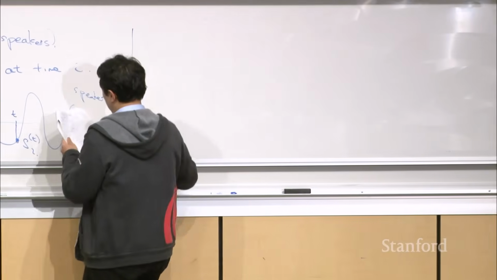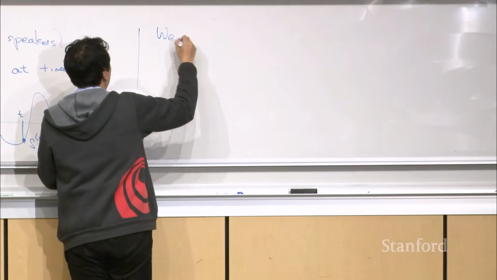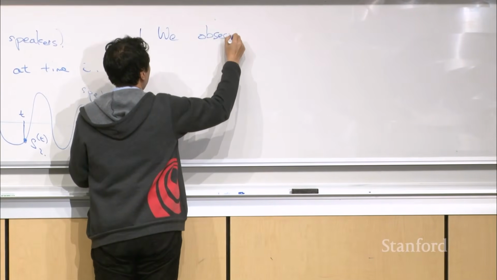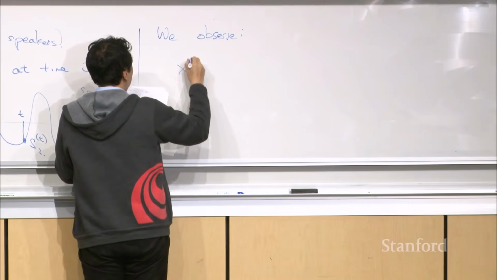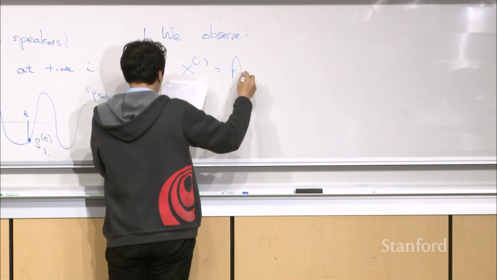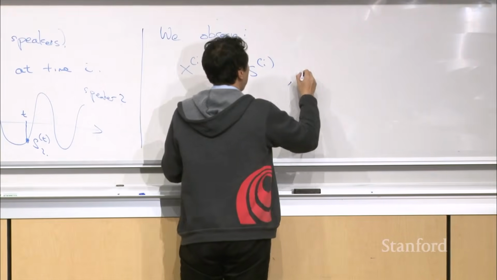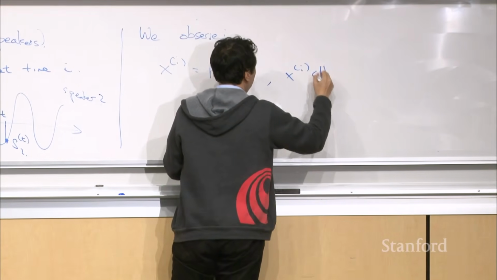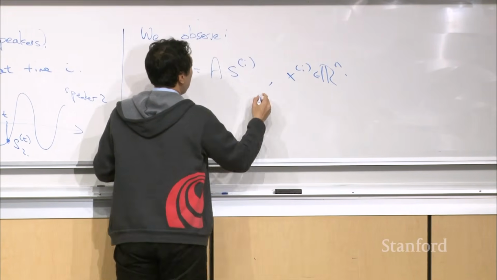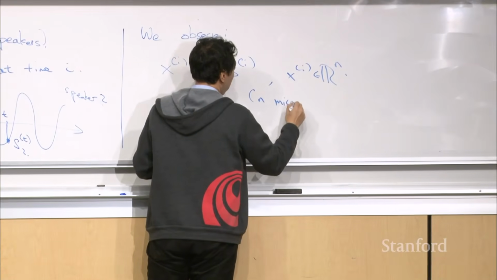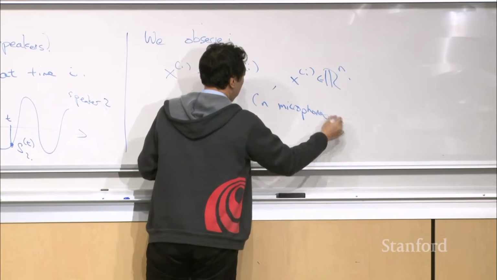And so, in ICA, we observe x^(i) = A s^(i).